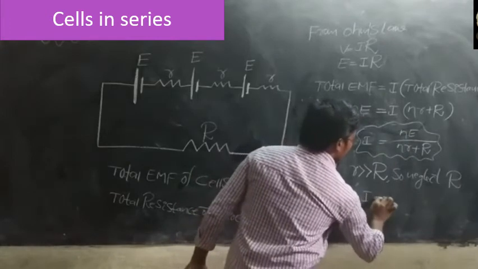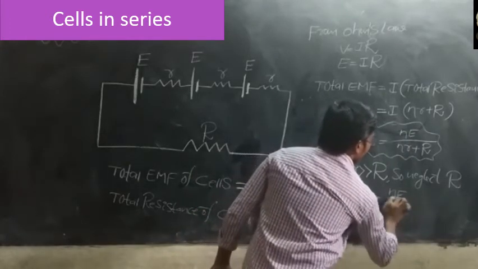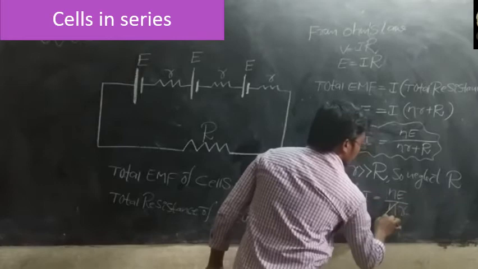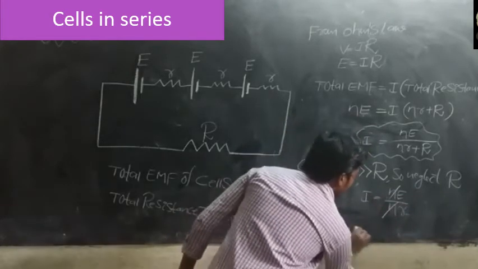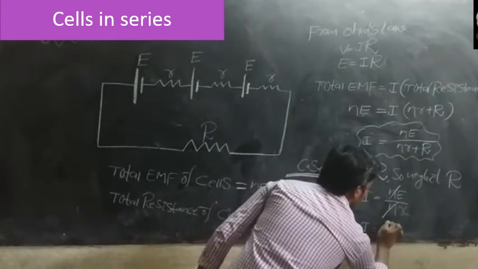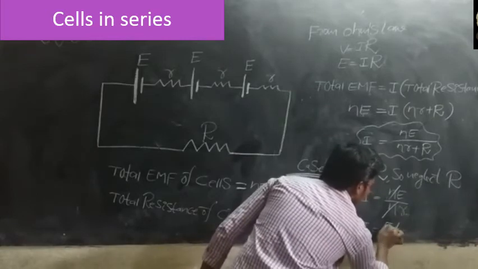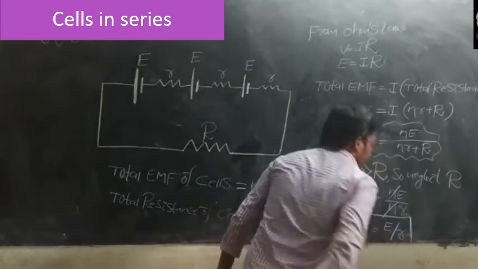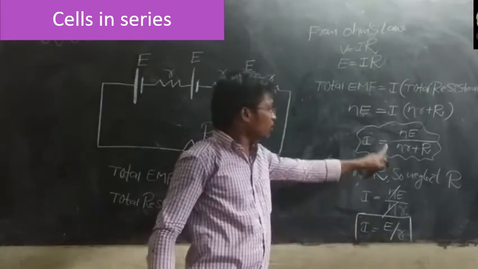I is equal to NE by Nr. N and N cancel. What is the remaining here? I is equal to E by r. This is the expression.